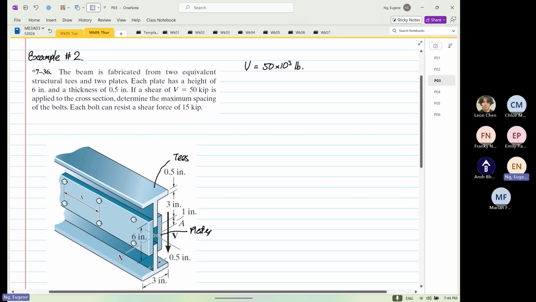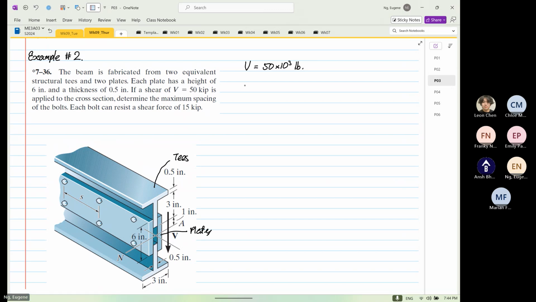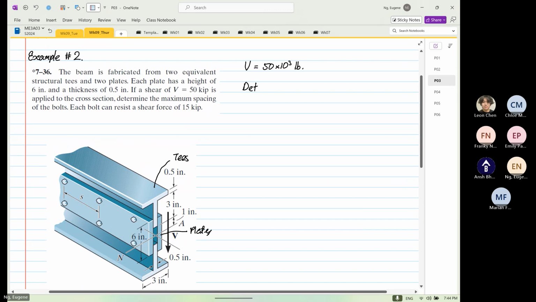And we are going to determine S, where the resistance force of the fastener is 15 times 10 to the power 3 pounds.